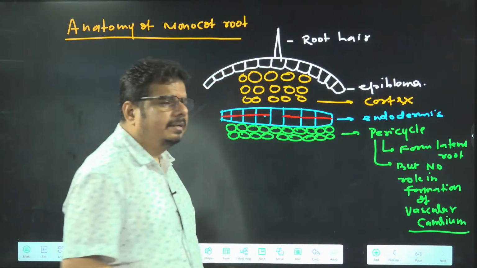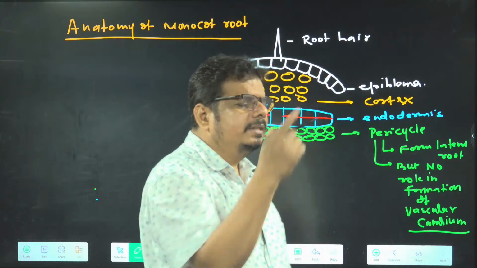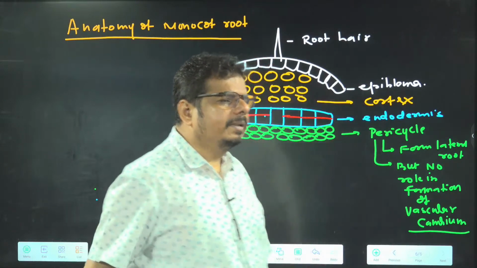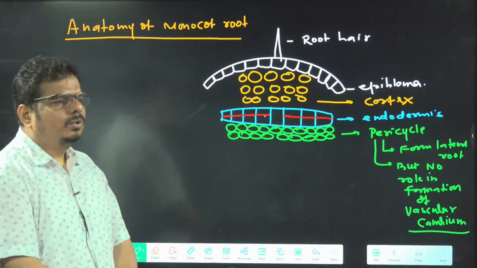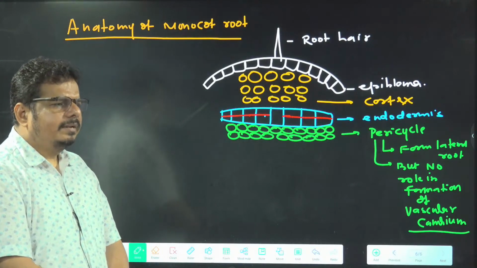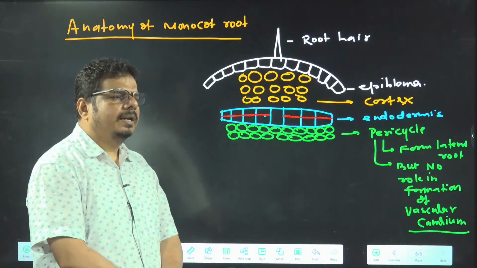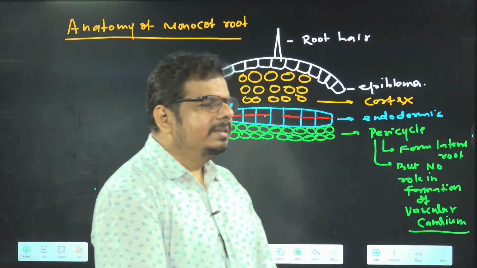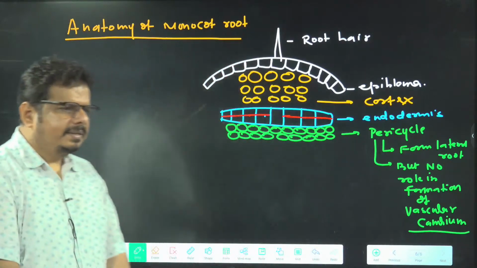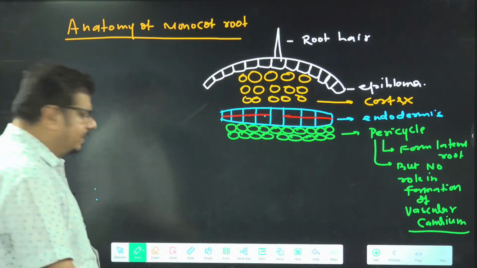Because it is what basically? Monocot. And formation of vascular cambium occurs for which purpose? Secondary growth. And secondary growth does not occur in monocot root. So when no secondary growth occurs, there is no need of vascular cambium, then why would pericycle form vascular cambium? It is common sense, na? Not participating in secondary growth. You can write directly. Getting the idea?